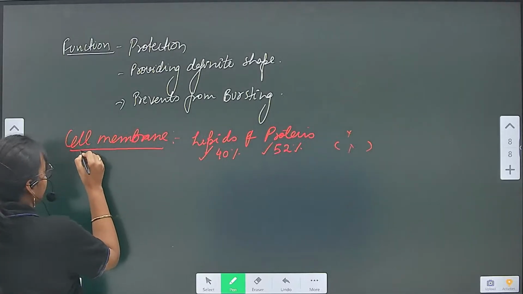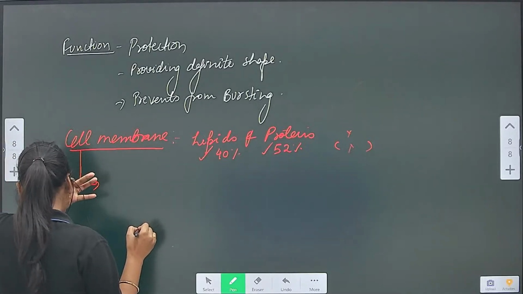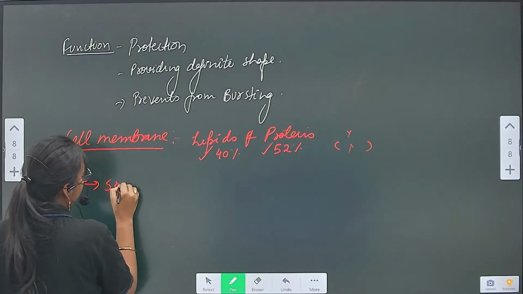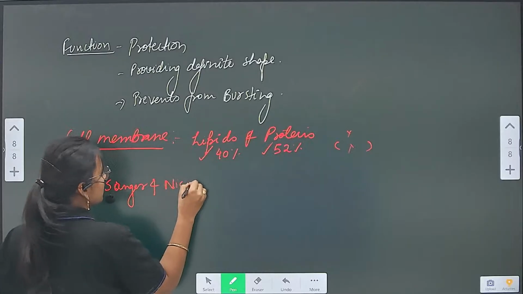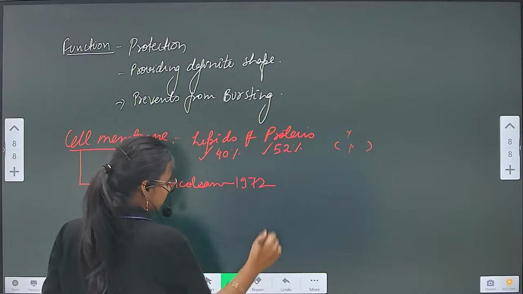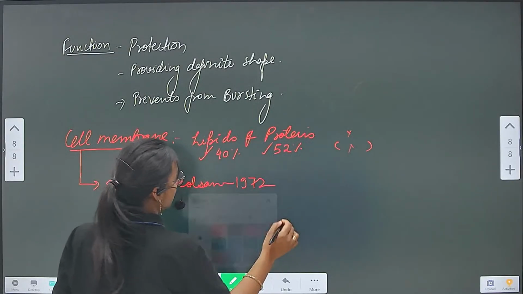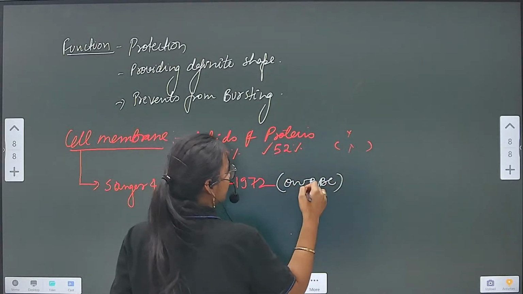So the first time the proper structure of cell membrane was given by Singer and Nicholson in 1972 on human RBCs.